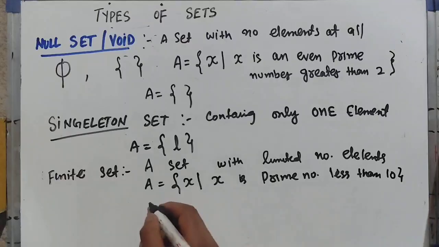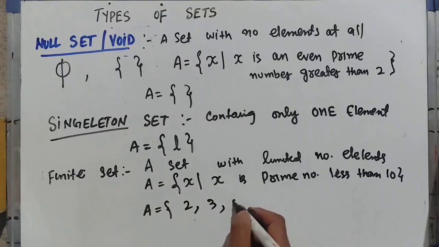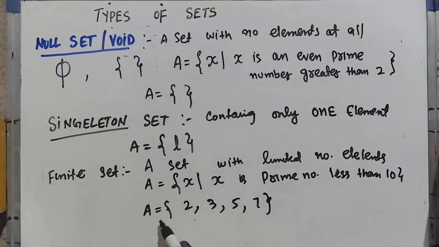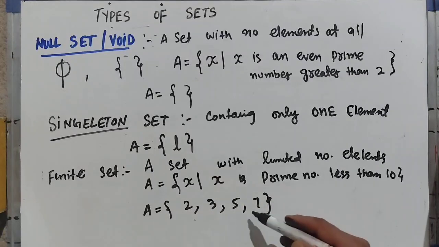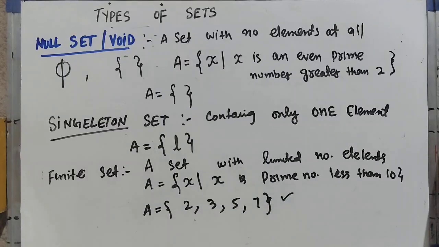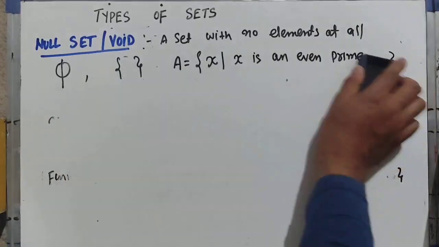Let us see what will be the elements in it. The first prime number is 2, then 3, then 5, then 7. Since we can count the number of elements here, this is a finite set.